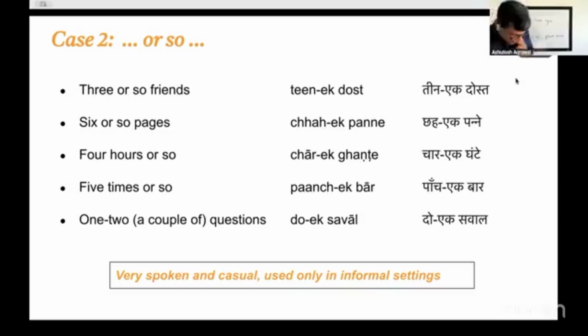Okay, so I would say if I'm starting with 1 or 2, I would end up giving the next one, which is the next phrase that you're going to see, एक दो. So right after case 2, there is case 3. If you are saying 1 or so, instead of that in Hindi, I would end up giving 1 or 2. My natural instinct is that I would end up saying 1 or 2 rather than 1 or so.